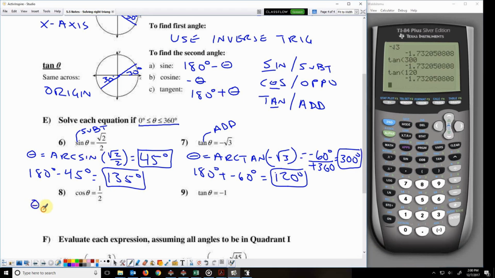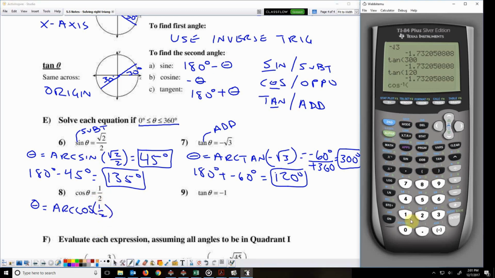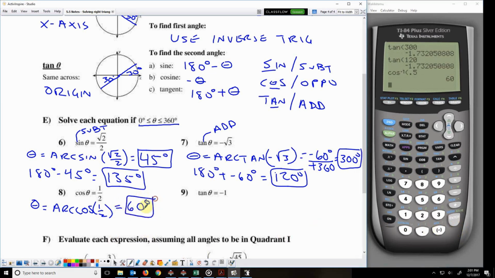Number 8, theta equals arccosine 1/2. Second cosine 1/2, or 0.5 will do. 60 degrees. Cosine has an O for opposite. So the opposite of theta is negative 60 degrees.